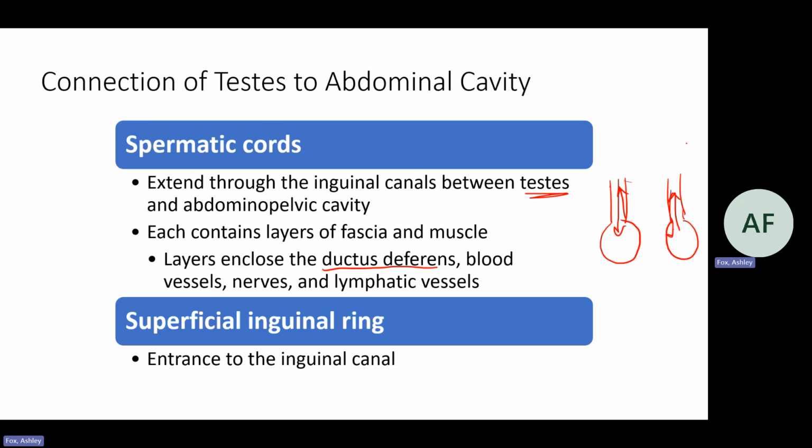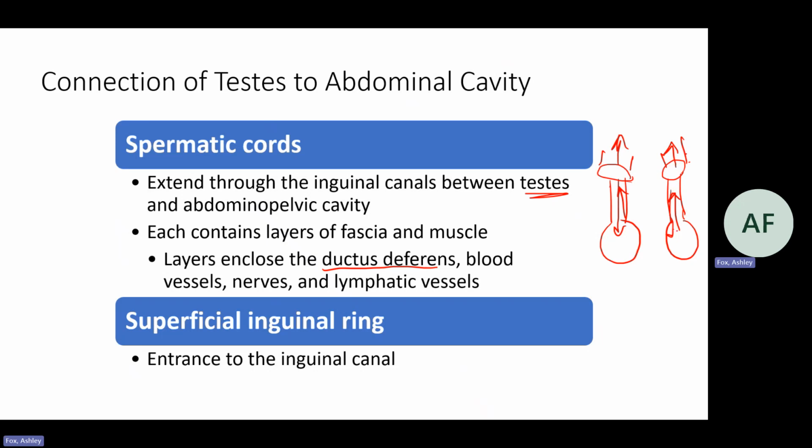So that's the connection between the rest of the body, and you can say inguinal canal right here, and then it goes into the abdominopelvic cavity. We say the entrance to the canal, a little canal section.